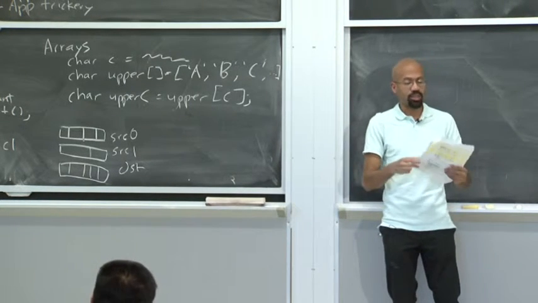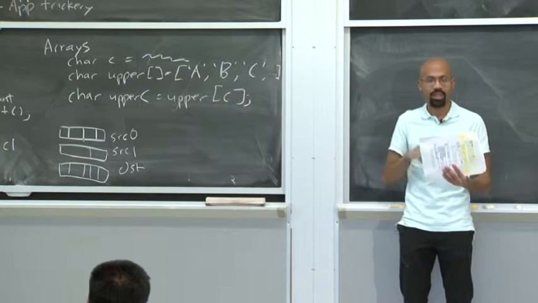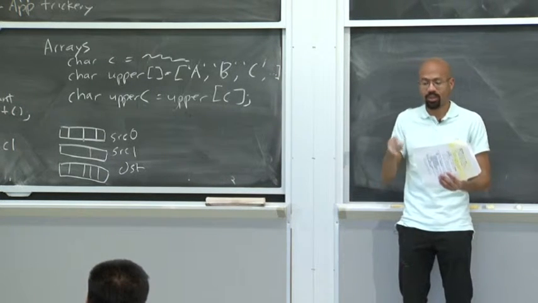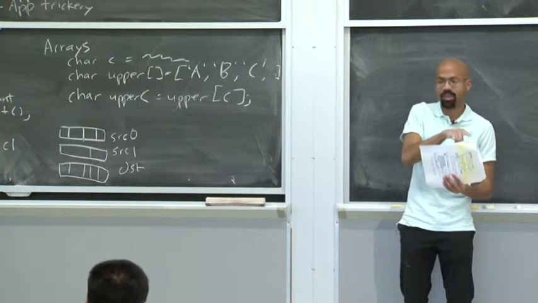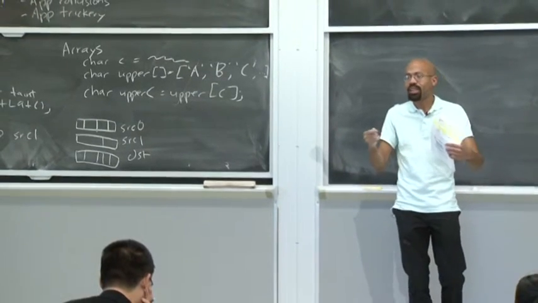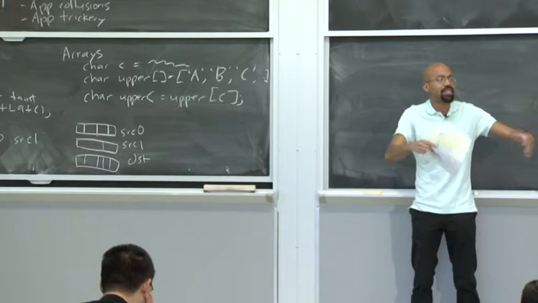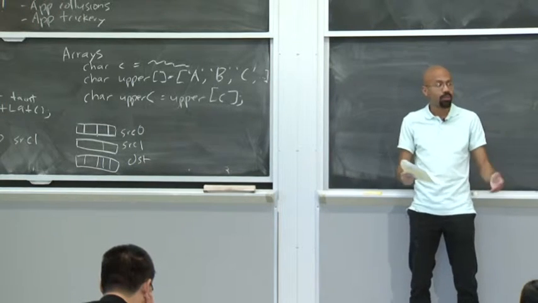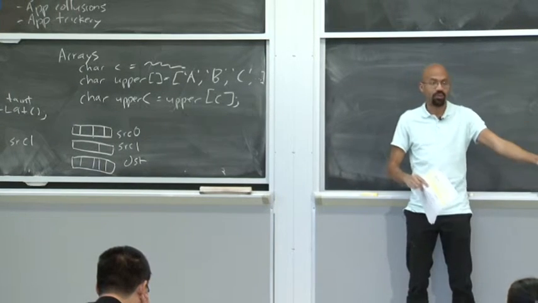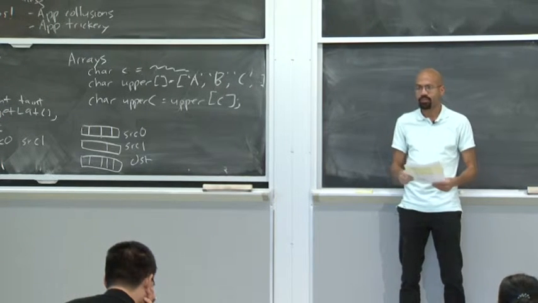If you have an array that has 2 items in it, and that array is tainted with the union of all of those things, that's conservative, because it may be that if something only accesses this, it didn't learn anything about the taint over here. But by being conservative, hopefully we will always be correct. If we underestimated the amount of taint that something had, we might accidentally disclose something we didn't want to disclose. If we overestimate, then in the worst case maybe we prevent something from going outside of the phone that should actually be OK, but we're going to err on the side of safety. Does that all make sense?